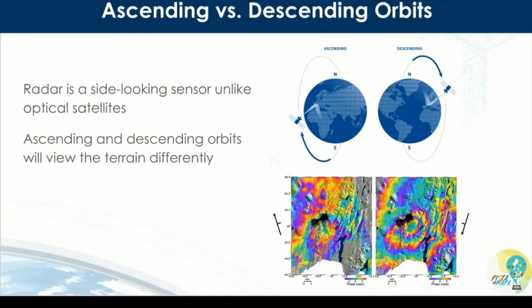So in the image, you can see that on the left there's the output from an ascending pass. You can't really see the displacement in the phase imagery, but in the right image, which is descending, you can see the circular pattern, which is where the displacement is. It's more obvious.